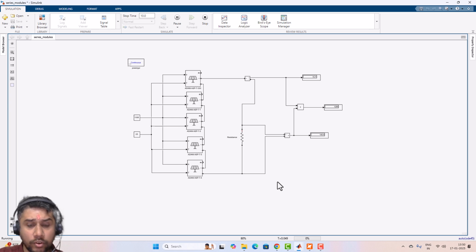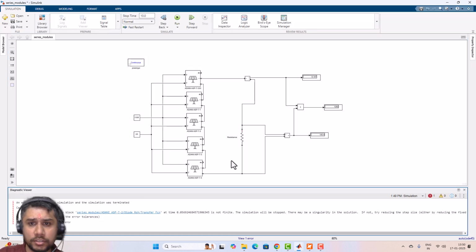If we want to check the parameters of the whole plant, you can simply use this.